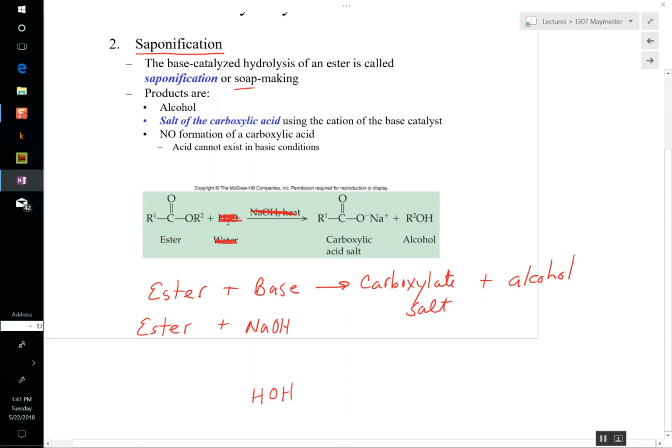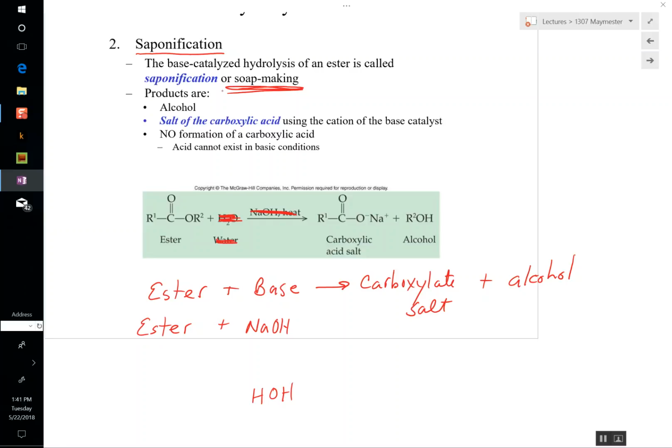This is the reaction by which classically, for thousands of years, they've been making soap. And a little bit of history, I think Sapon is the name of a Greek or Roman goddess.